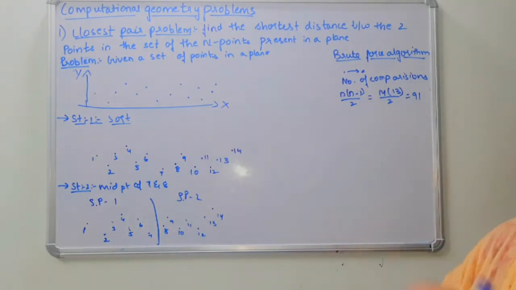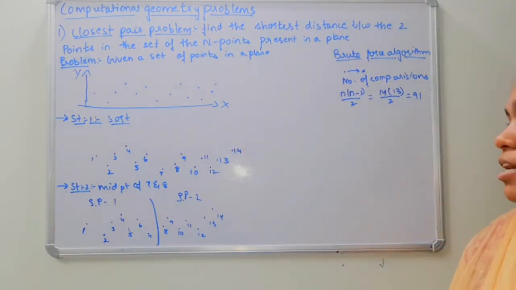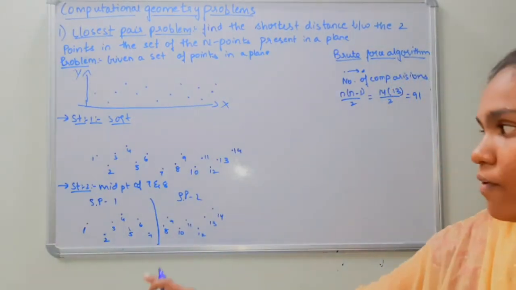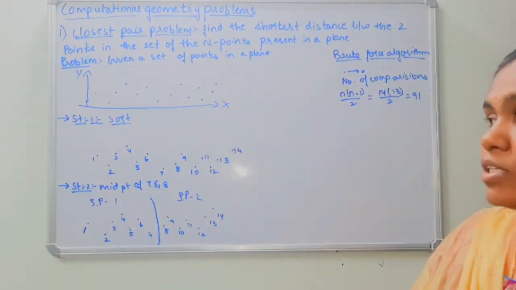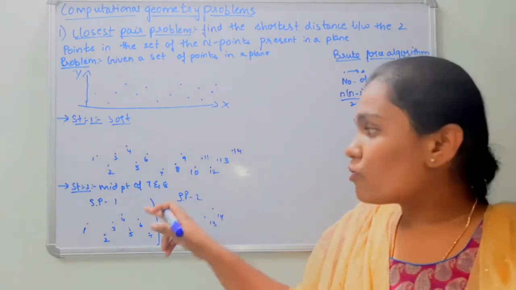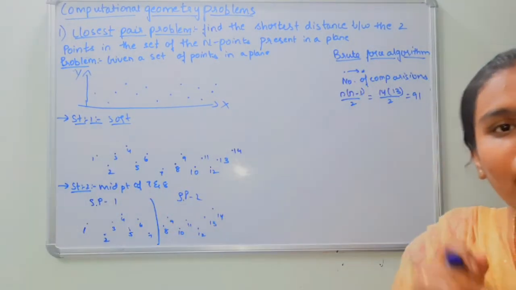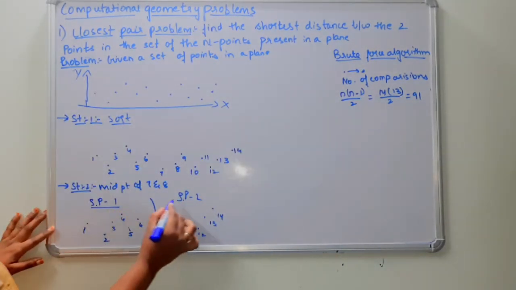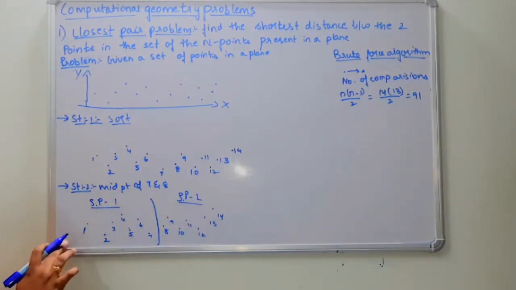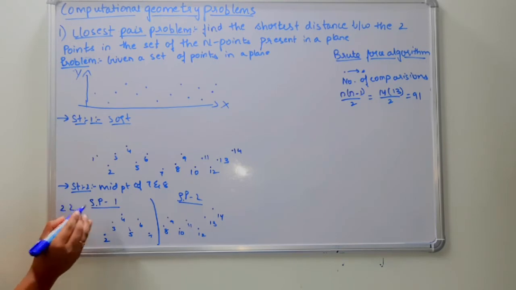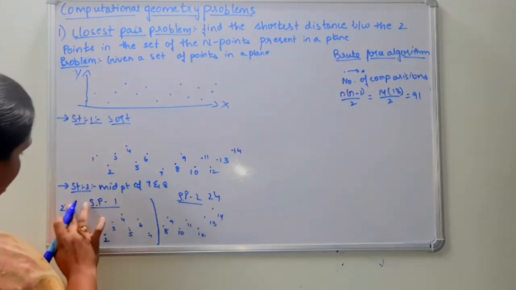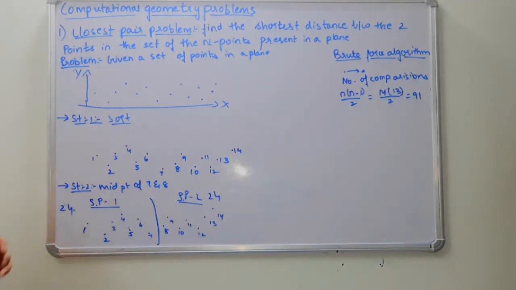But in the closest pair problem, what happens is, if we divide the problem into the two subproblems, then the number of comparisons for each and every subproblem will be very less. The number of comparisons in subproblem 1 will be 21 comparisons, and the number of comparisons in subproblem 2 will be 21 as well.